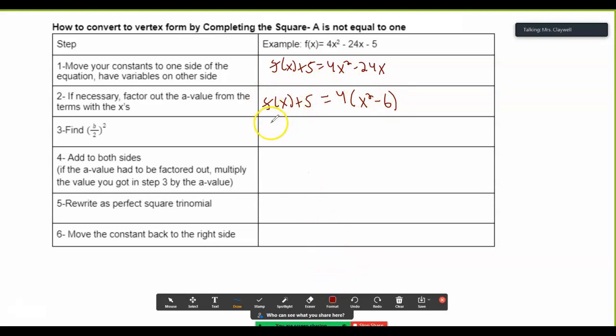Find my b over 2. I made a mistake here. This should be a 6x. So my b over 2 is 6 over 2 squared, which equals 9.